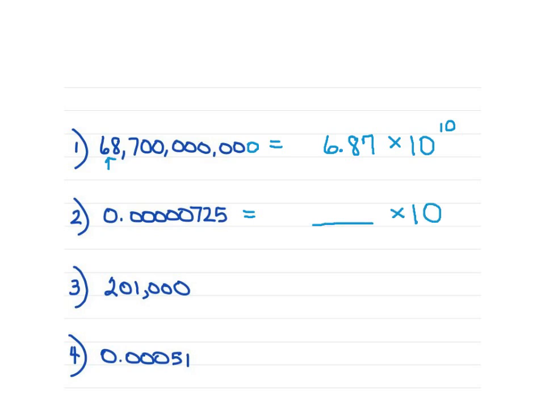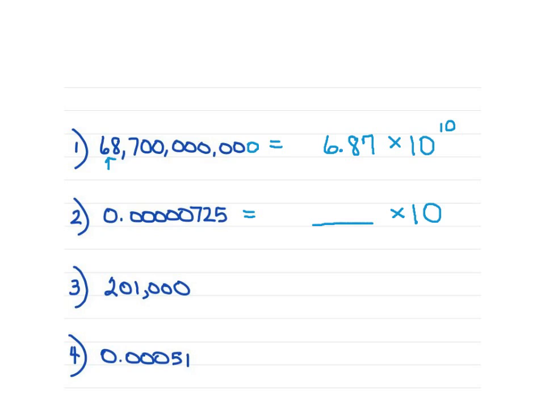We know we need A times 10 to a power. In this case, where do we need to move our decimal? Remember that we want A to be a number greater than or equal to 1, but less than 10.